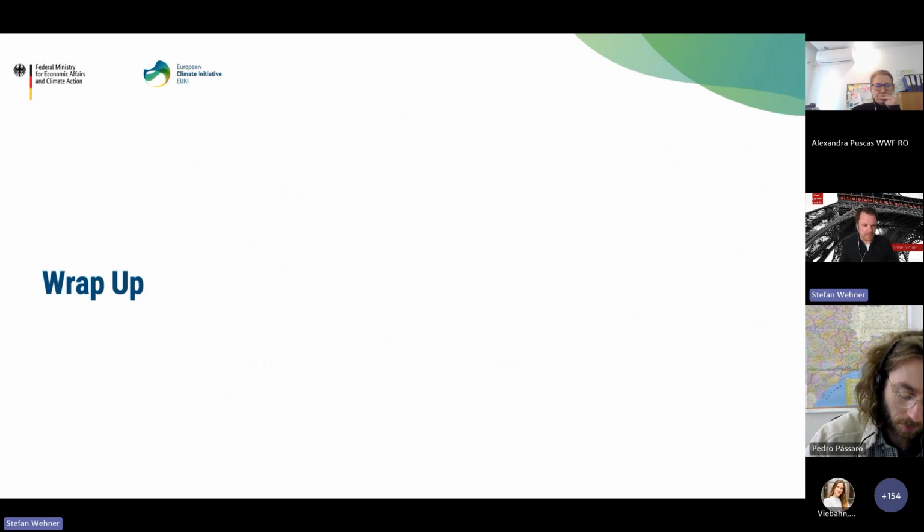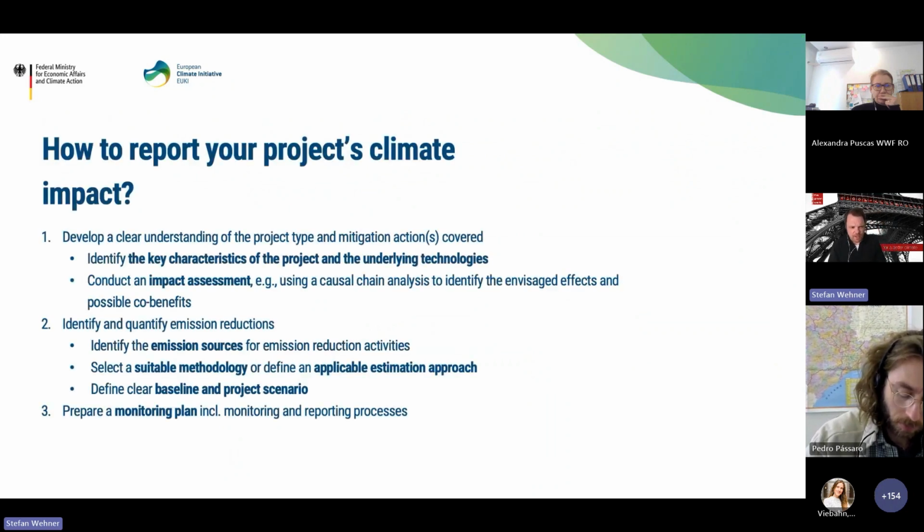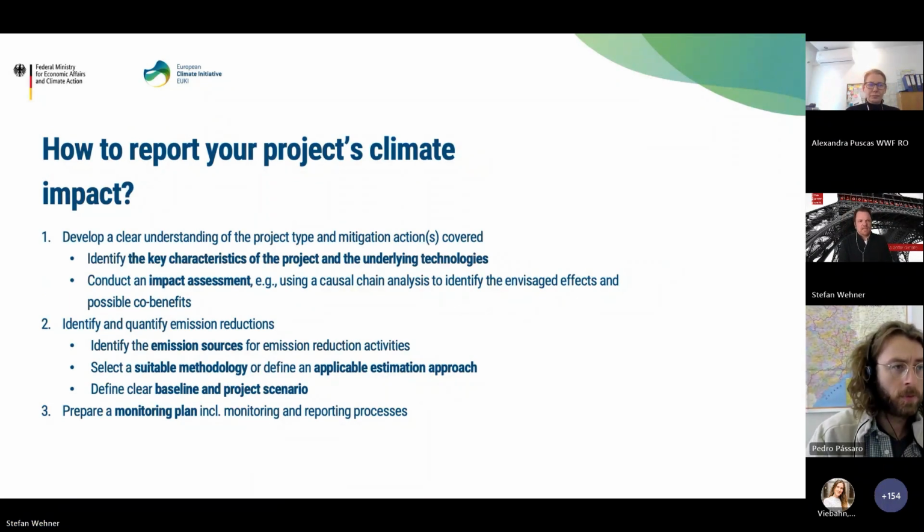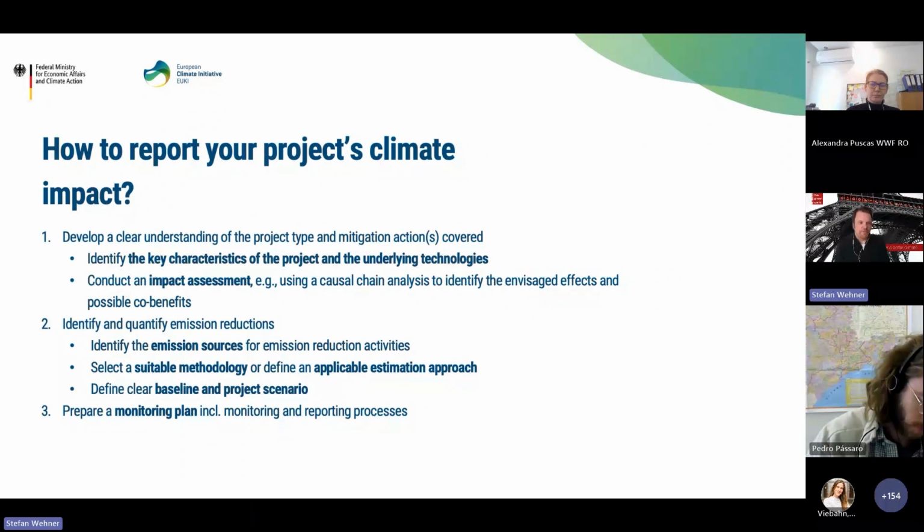So to wrap up and to summarize again, repeating a little bit of what I have said, how to report on your projects and how to understand what could be your impacts. Clear recommendation: build up an understanding of your project and related activities that lead to mitigation actions and identify the technologies that are underlying, to understand the characteristics, and to do that, ideally do an impact assessment.